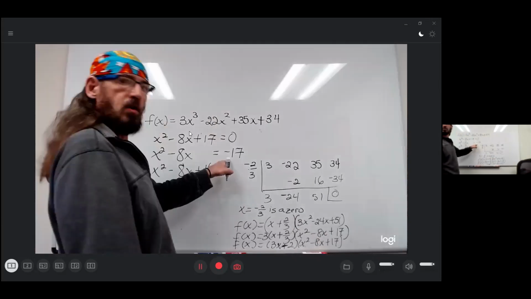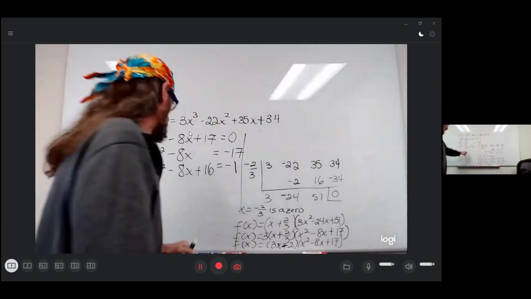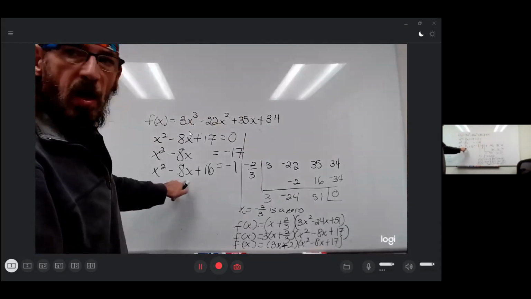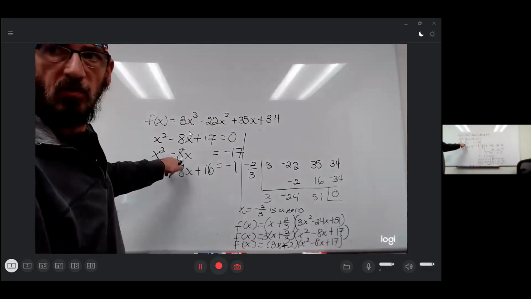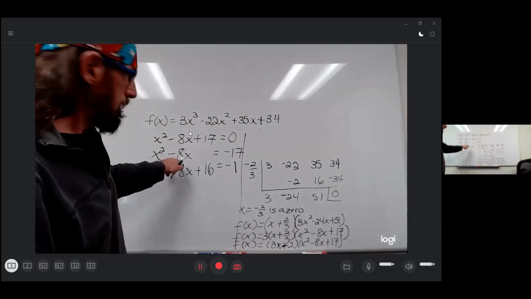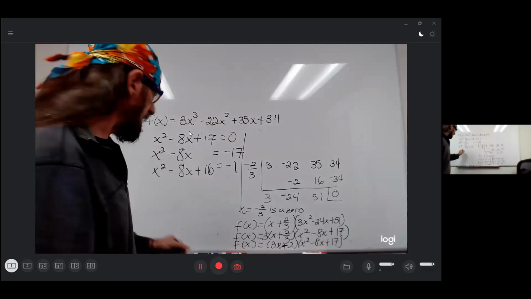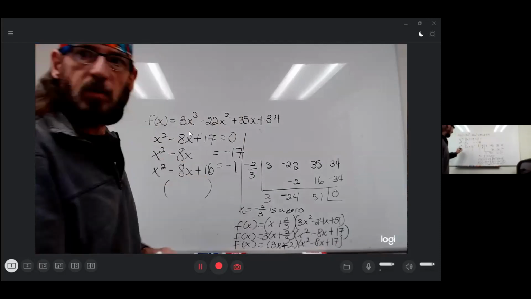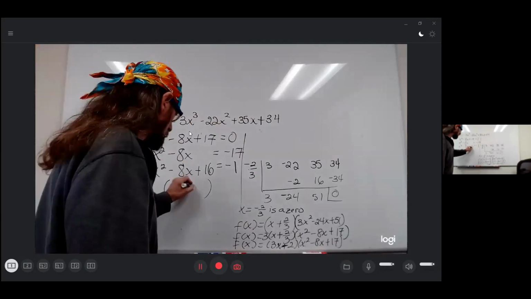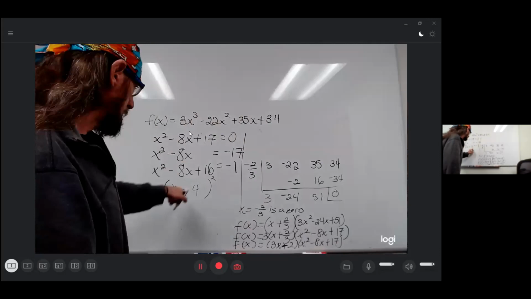Negative 17 plus 16 is negative 1. If we take half of 8, that's negative 4. And negative 4, all of that squared, is positive 16. So I've added that to both sides. That negative 4 I was just talking about shows up when I rewrite that perfect square trinomial as a binomial squared.